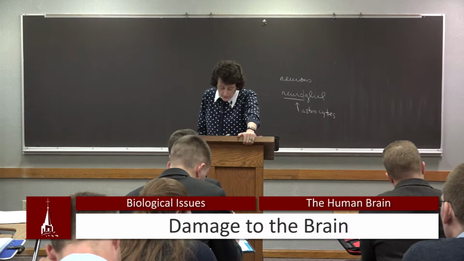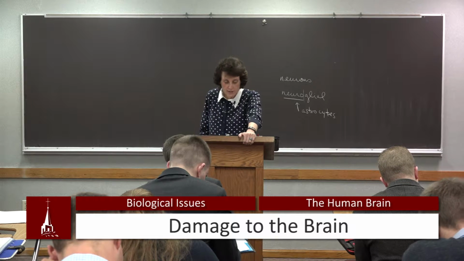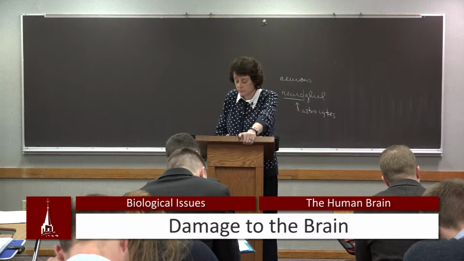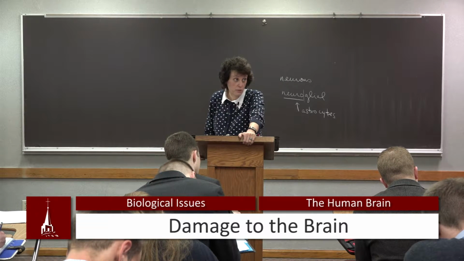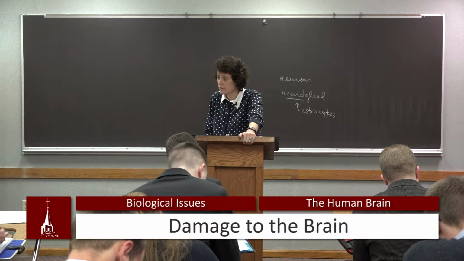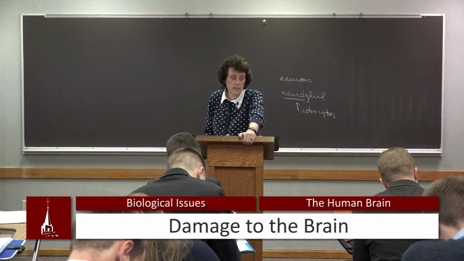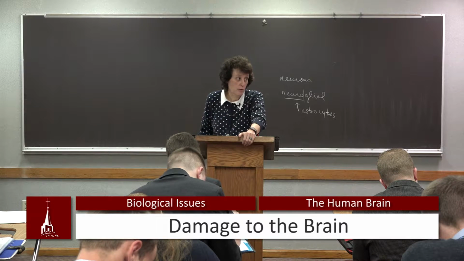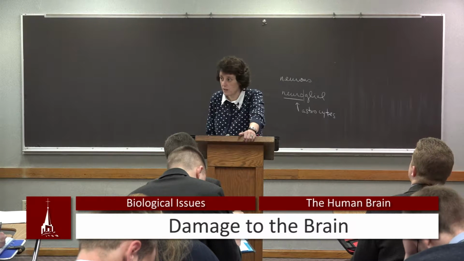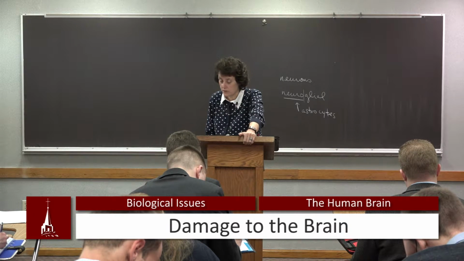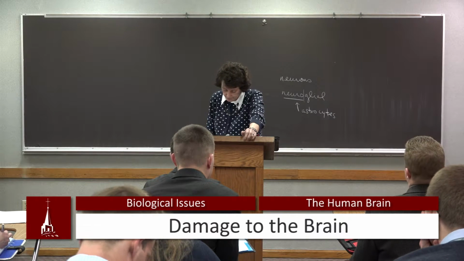Last thing here with damage to the brain, causes of brain damage. The first is really not damage, but it does affect the structure of the brain. So the first is lack of development. Lack of physical development in the brain before birth or even after birth, because the brain is still developing and growing and so forth as a young child, especially a toddler.